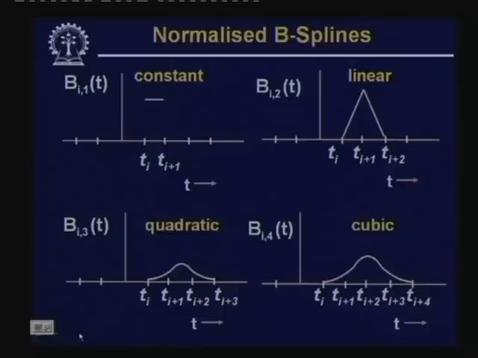And we have mentioned in the last class that out of this, the quadratic one, that is for k equal to 3, is normally not used because this does not give a symmetric interpolation. Whereas, using the other three, that is b i 1, b i 2 and b i 4, we can get symmetric interpolation.